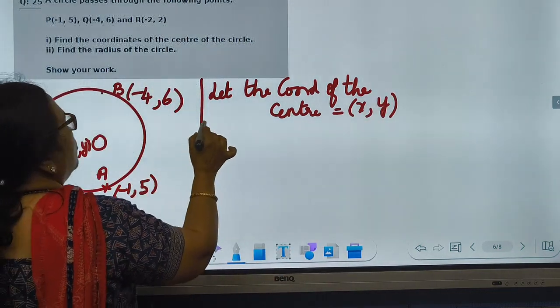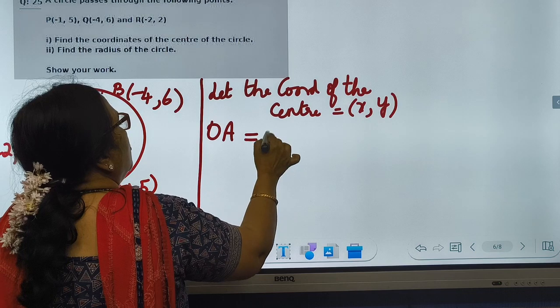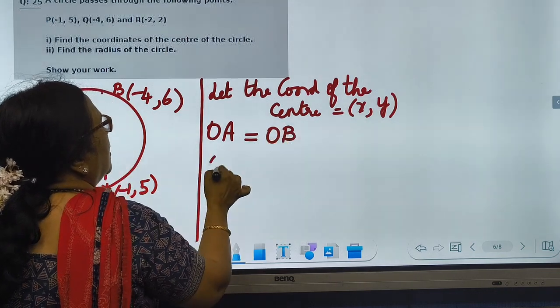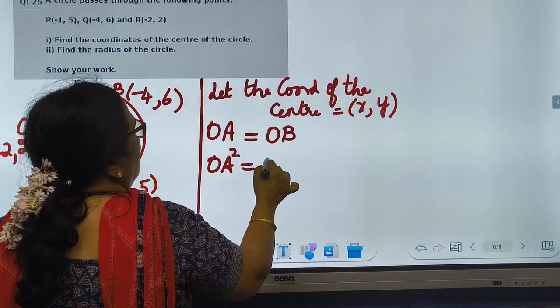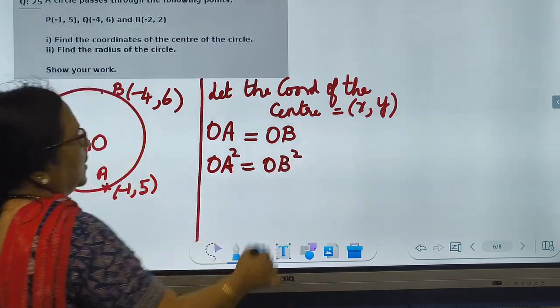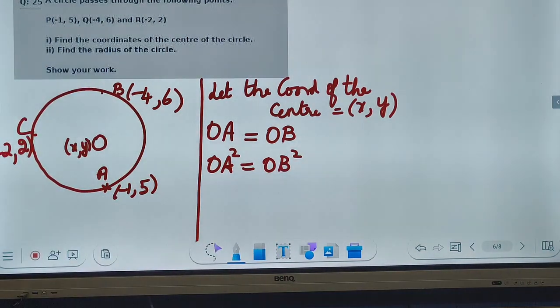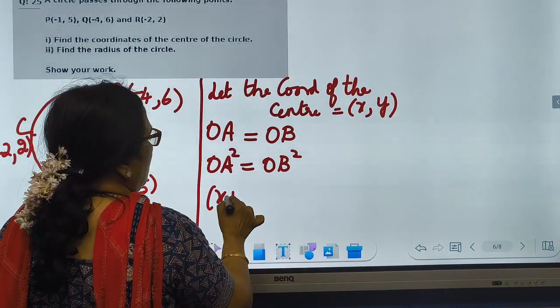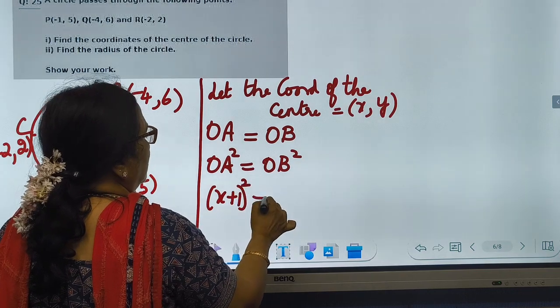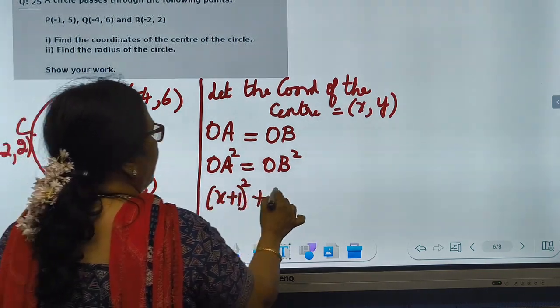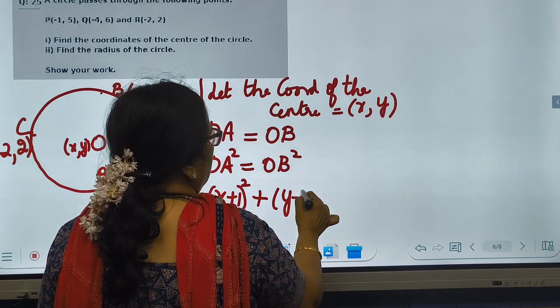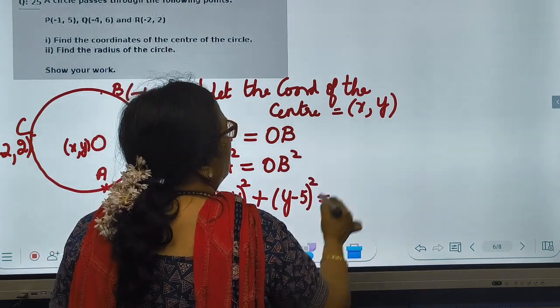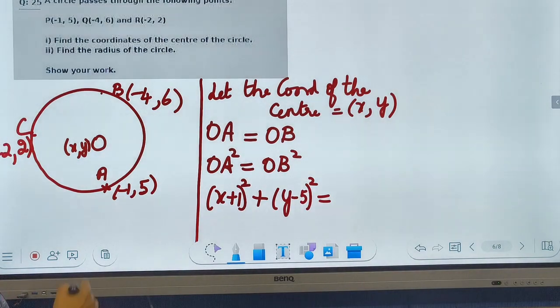Then what do you know? You know OA is equal to OB, or OA square equal to OB square. How do I find OA square? Using the distance formula, (x, y) minus (-1, 5). So x minus of minus 1, so (x plus 1) the whole square plus (y minus 5) the whole square is equal to OB square.